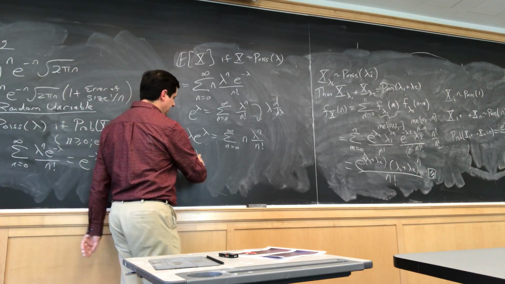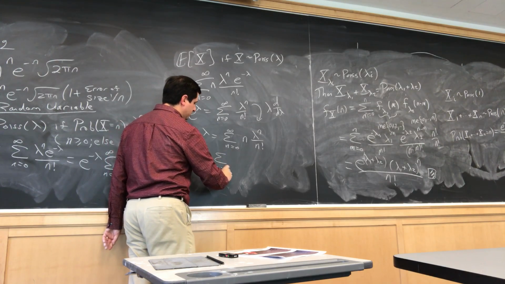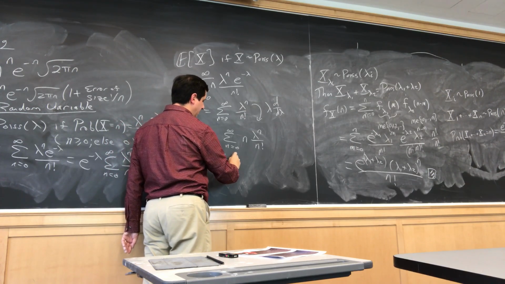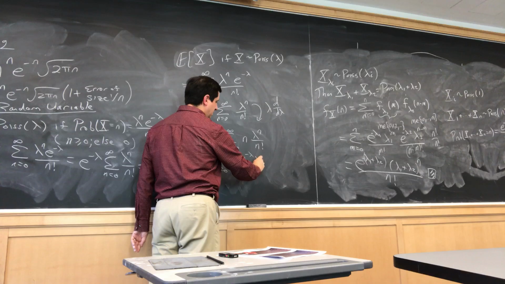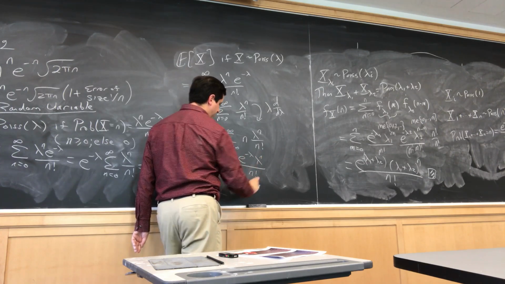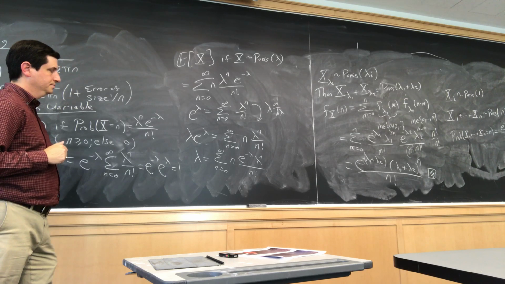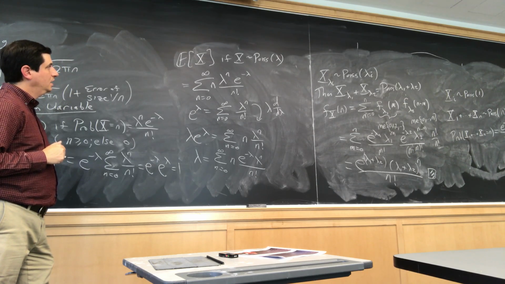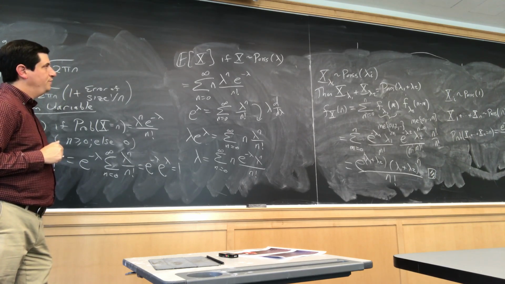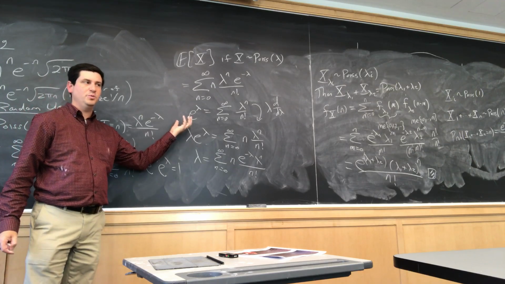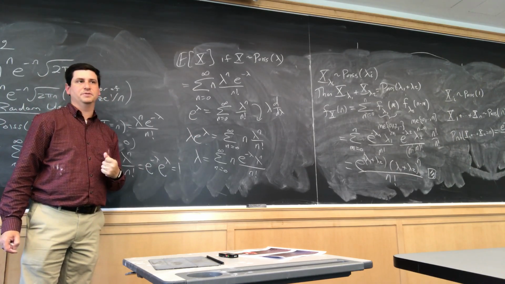So lambda is the sum, n goes from 0 to infinity, of n e to the minus lambda lambda to the n over n factorial. There's the mean. So if you have a Poisson random variable with parameter lambda, its mean is just lambda.